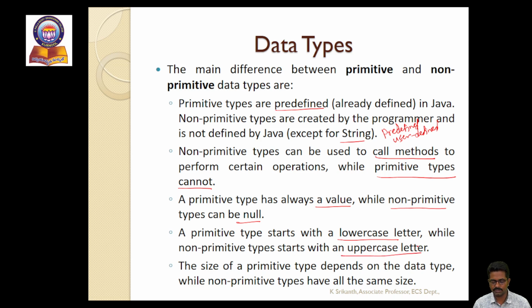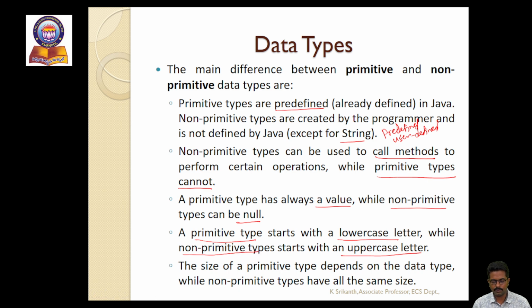It is a convention followed by the Java inventors. By seeing the variable name, we can guess whether it is a primitive or non-primitive data type. If it starts with a lowercase letter, it is primitive. If it starts with an uppercase letter, it is non-primitive.